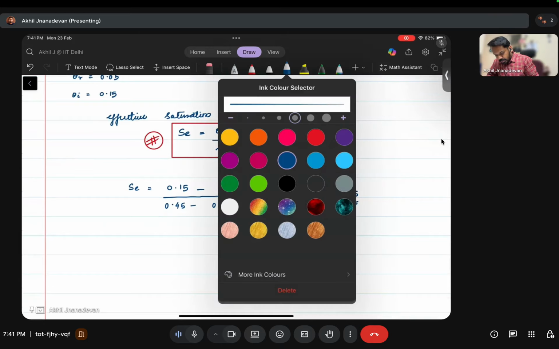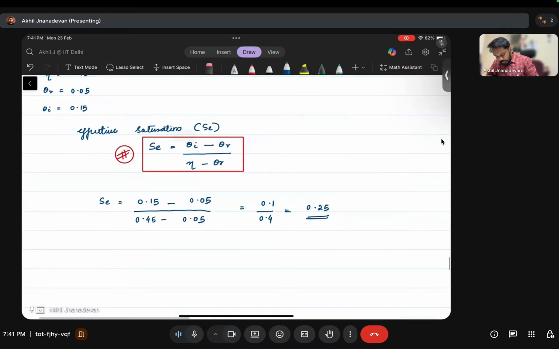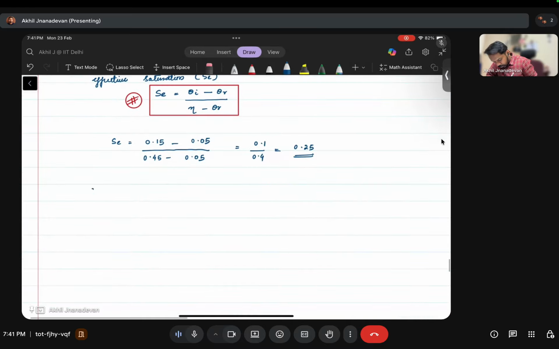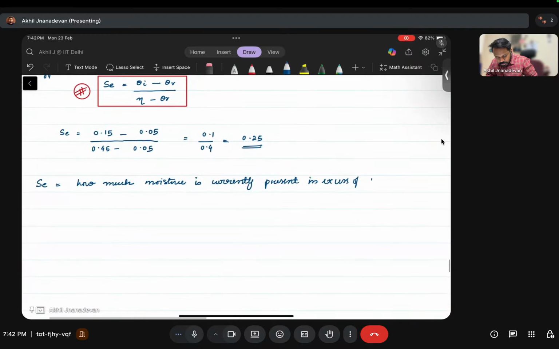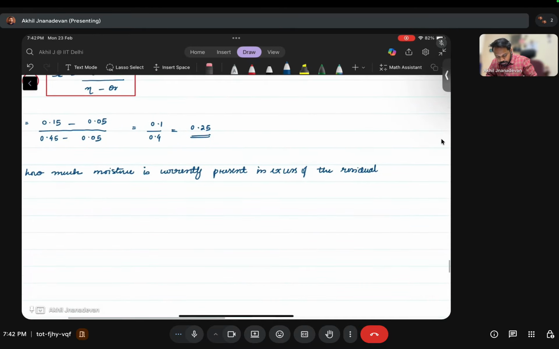So we can write it like this. If you don't want to memorize the equation, you just remember that effective saturation is nothing but the ratio of how much moisture is currently present in excess to the residual moisture.